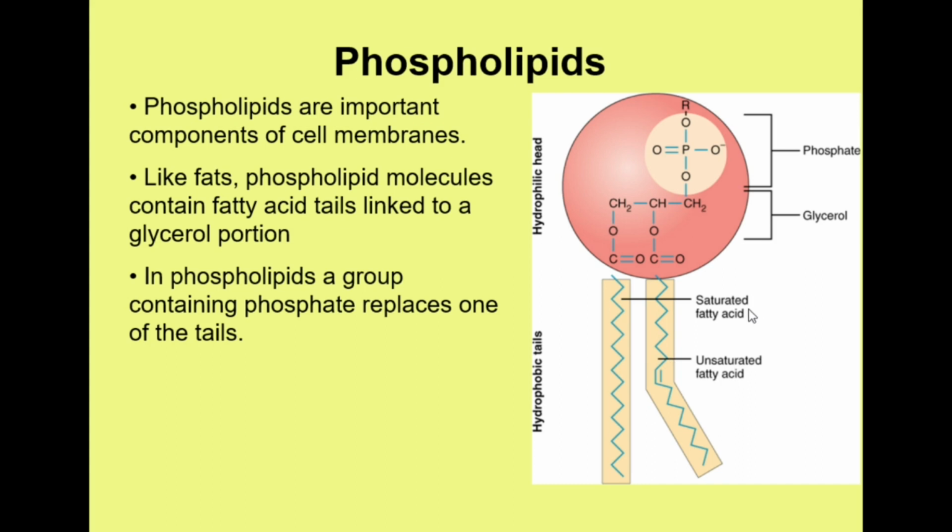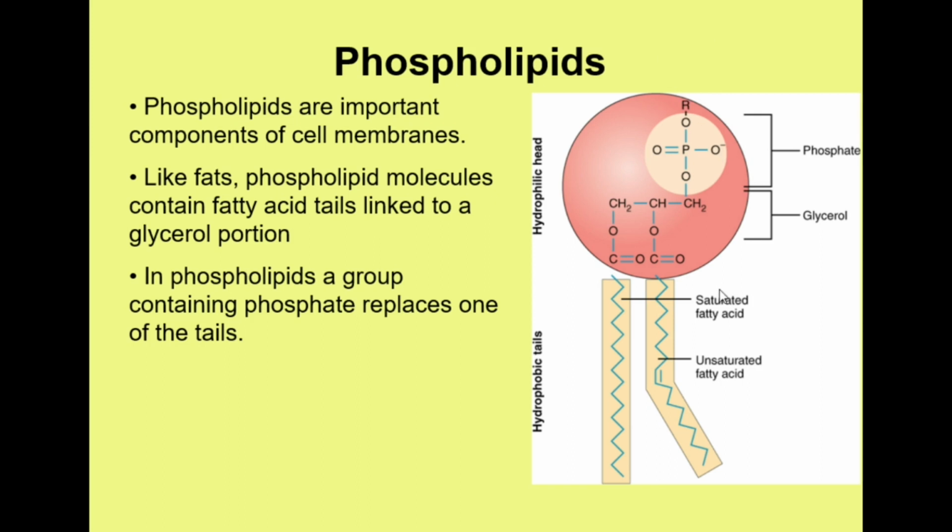Now, obviously, the key difference here is there isn't a third fatty acid chain that would give us a triglyceride. Instead, that third fatty acid chain is replaced with a phosphate group. So you can see up here, the phosphate group is a phosphorus surrounded by oxygen. And this little R up here just denotes that phospholipids will often have other molecules attached up here, but that bit isn't important for us right now.